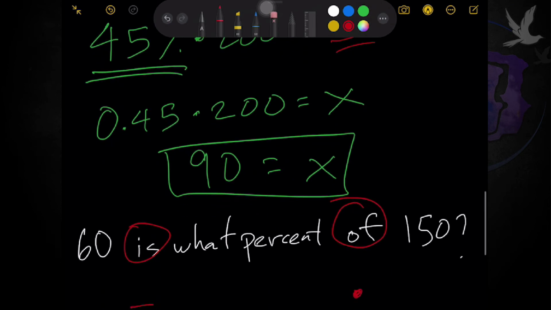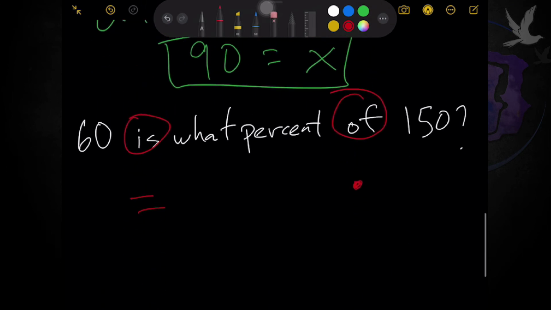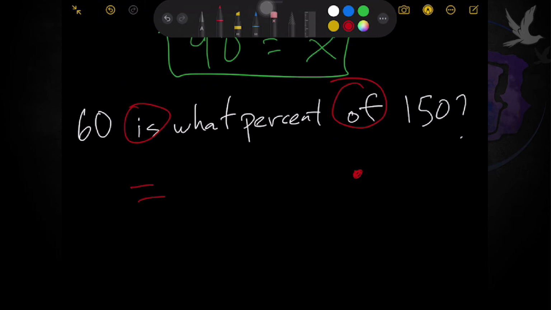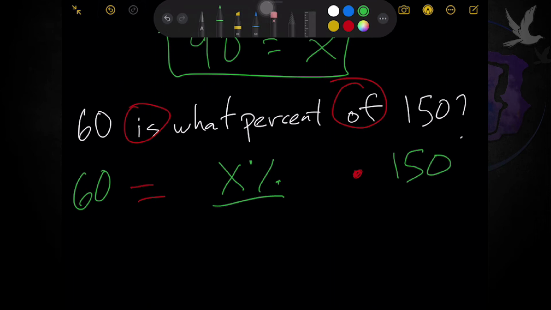In this case, if you're going to finalize the mathematical expression, for example, we have 60 equals what percent of 150? This is what's missing here.